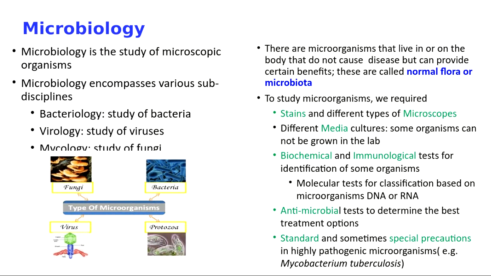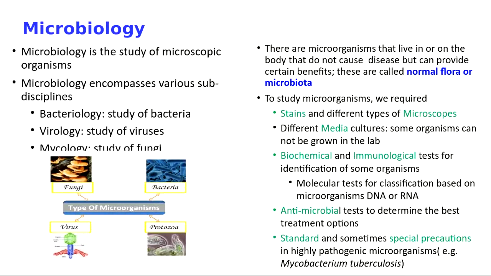In order for us to identify microorganisms in general, we need to use different stains because different microorganisms have different properties and different characteristics. Depending on the stain property of those organisms, the identification can be possible.